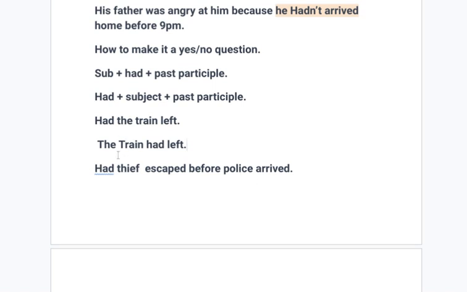Now, the next past perfect tense yes no question is: had the thief escaped before the police arrived?